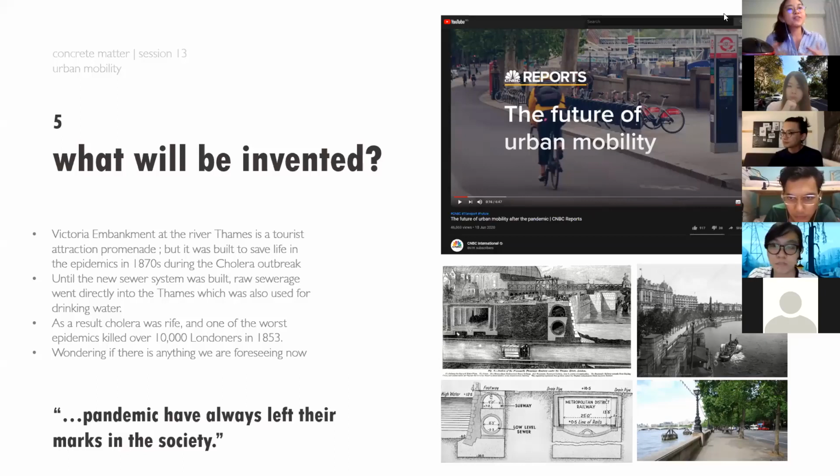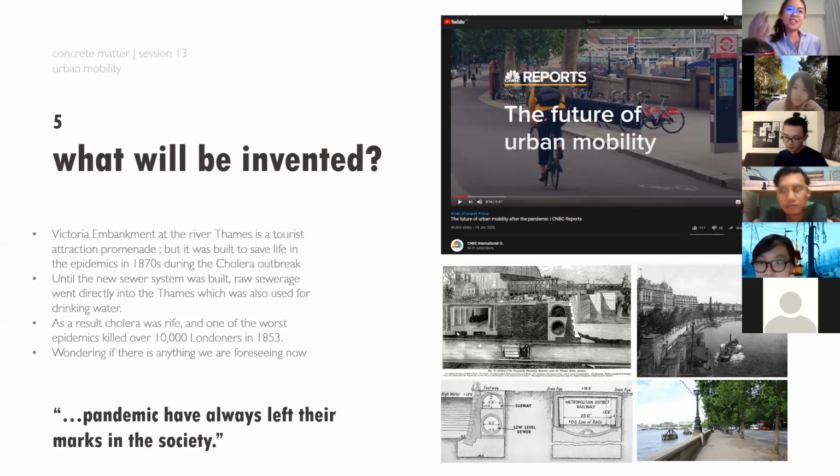So the video was claiming that pandemics have always left their mark on society. They are asking that since we're having this COVID pandemic right now, what kind of mark are we going to leave behind, especially in a city setting? In my opinion, I'm actually very excited, because in a way it's like a monument.